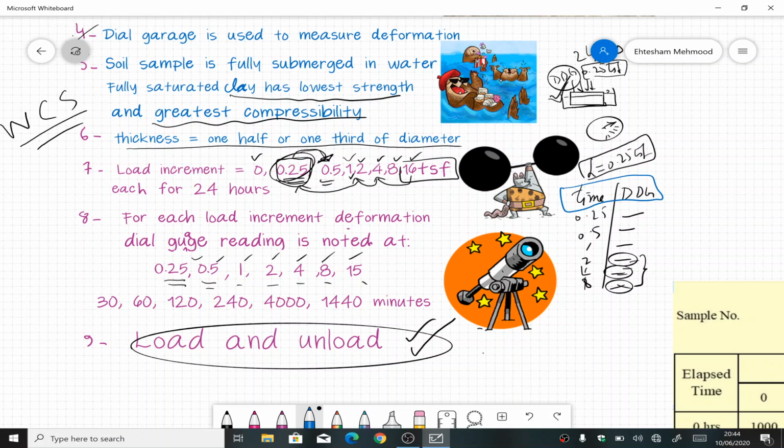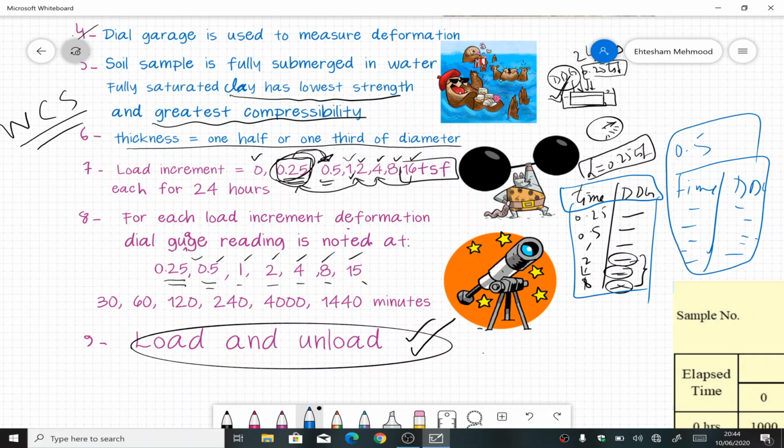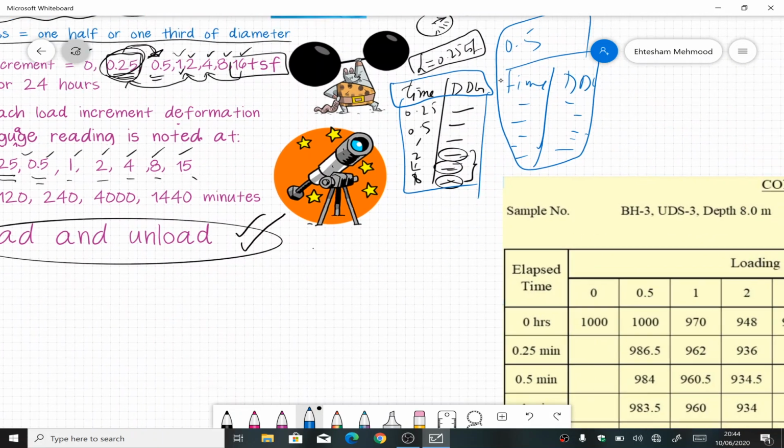Once the 0.25 TSF load comes, this reading set would be there, and then for 0.5 we again will have this reading set, the time and deformation dial gauge, and so on. Similarly, if we have 8 load increments, then we will have 8 such sets of data for loading and 4 or 5 similar sets for unloading, depending on the increments that we are using for unloading. Now we look at the calculations process.